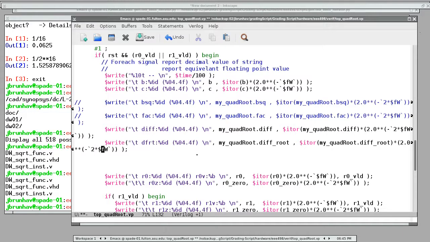Since we took the square root, what should happen is that it should divide the implicit shift by 2. So there we go. It's like it's back to FW. Let's see how we did.